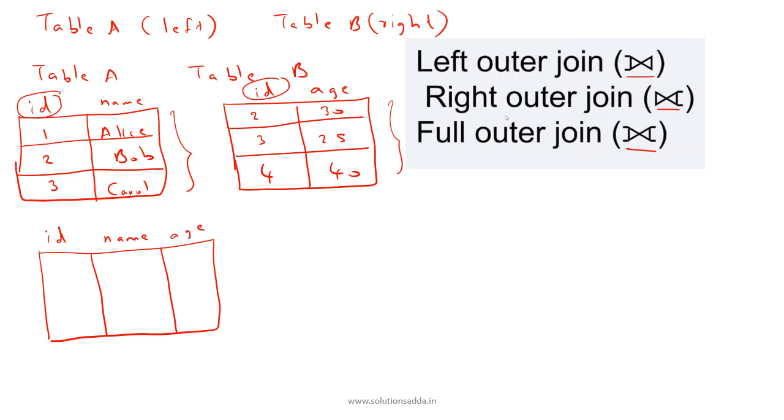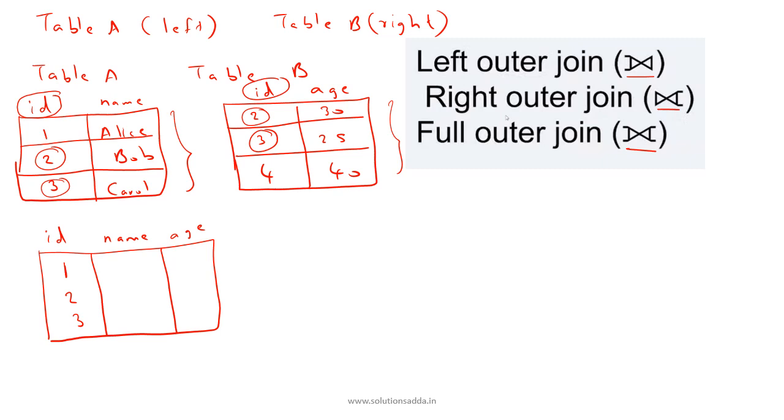Now let's see which are the rows which are matching. We have definitely row number 2 and 2 here, similarly 3 here. As I said earlier, left outer join returns all the rows which are present in the left table. So 1 will be returned, 2 will be there, and 3 will be there.